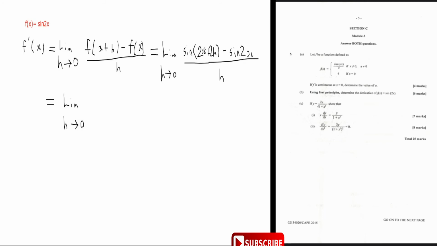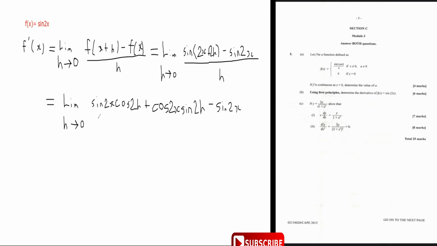Now using the compound angle formula, we know that it is sine 2x cos 2h plus cos 2x sine 2h minus sine 2x, and this is all over h.